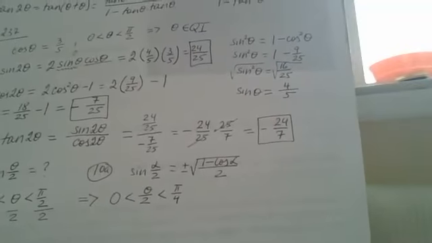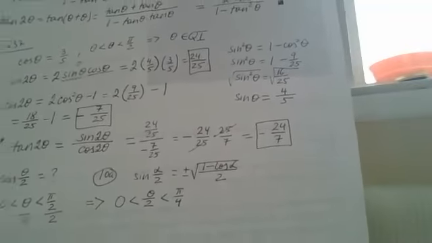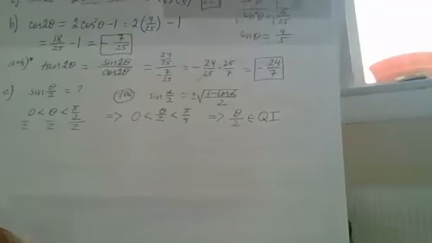This is a location for theta over 2. If your theta over 2 is between 0 and pi over 4, it belongs to which quadrant? Is it still the first quadrant? Yes. This is enough. I know that theta over 2 is from the first quadrant. This means in the first quadrant, sine is positive.